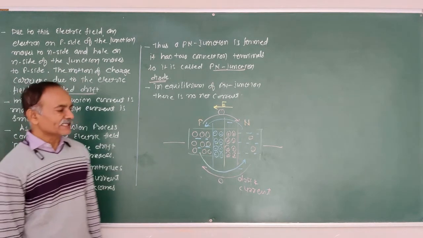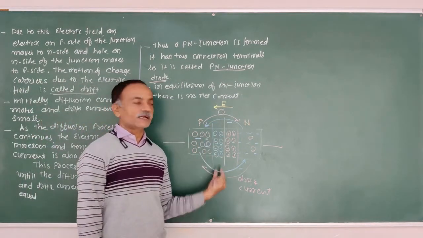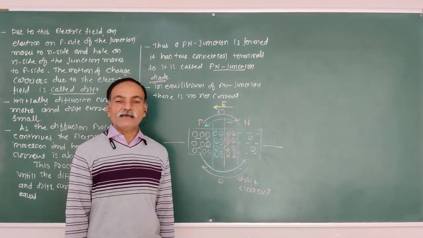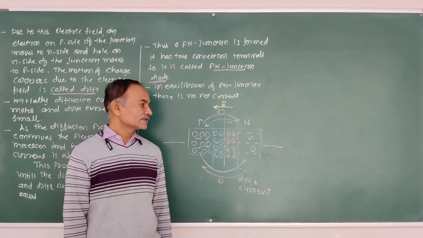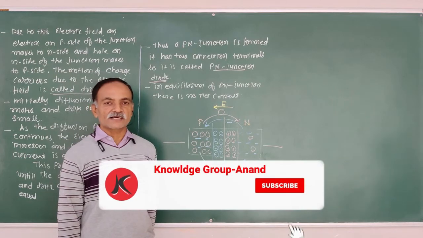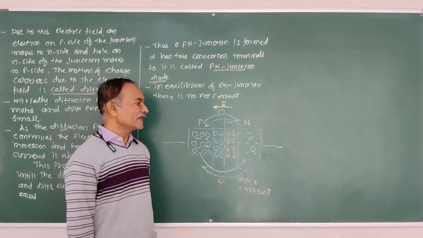Equilibrium position means that when the drift current and diffusion current become equal, at that time there is no difference. Therefore, the net current flowing in the PN junction is zero. So that is the equilibrium condition of the PN junction.